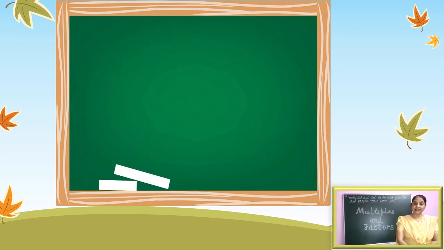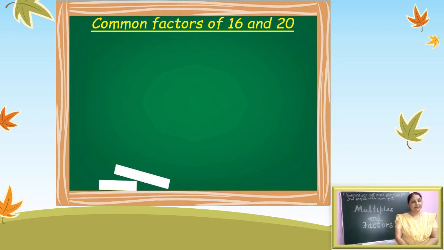Now the next concept which we have to learn in this lesson is common factors. We may have 2 or more numbers to compare and find which factors are common in them. For this, I have taken an example of 16 and 20. So let us find out the factors of 16 first.